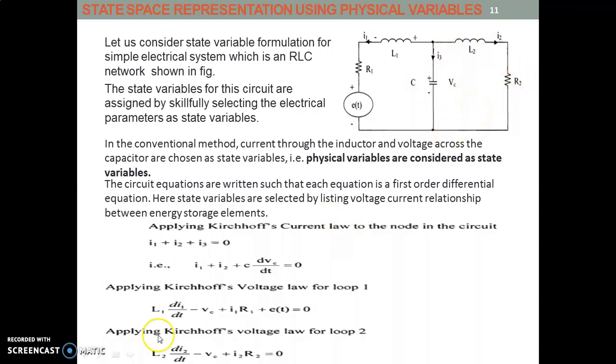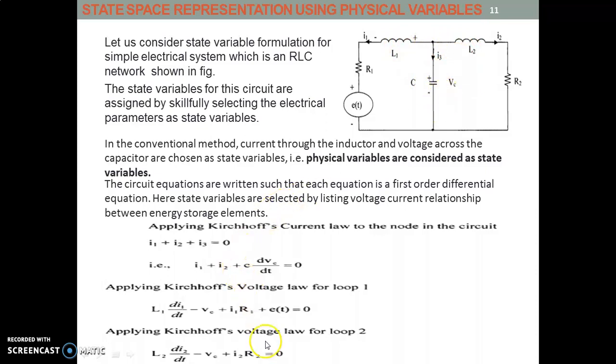Then if we observe these three expressions, already we know current through the inductor and voltage across the capacitor are the state variables. Now, how many do you have? Total three variables are selected as state variables: two from the inductors and one from the capacitor.